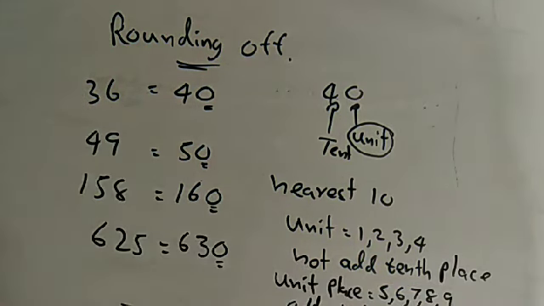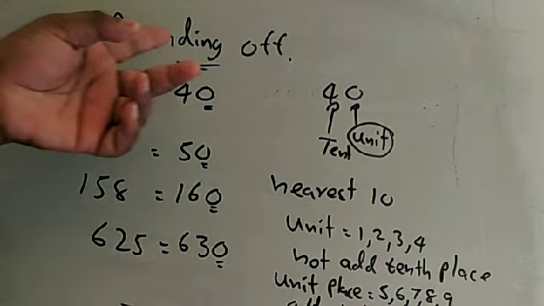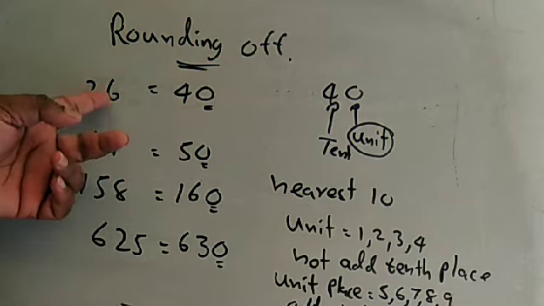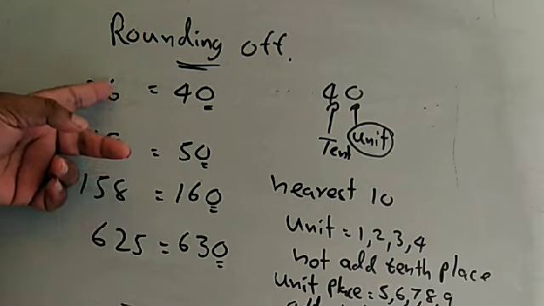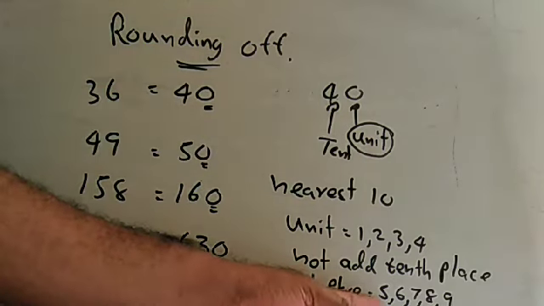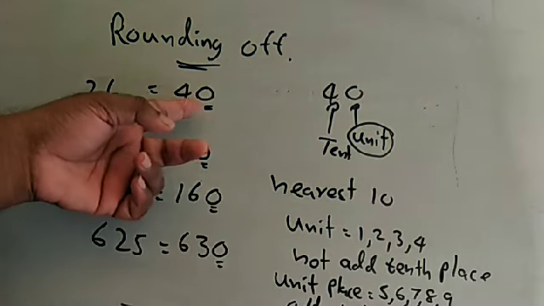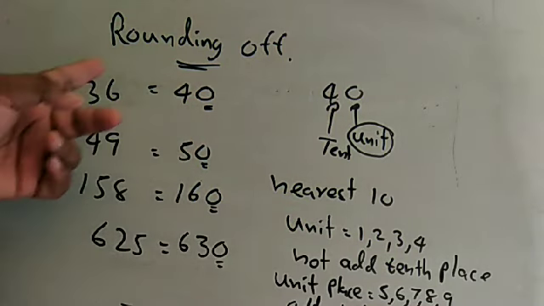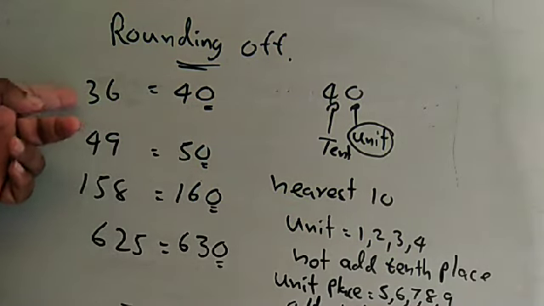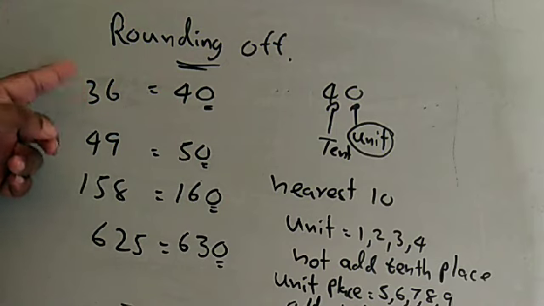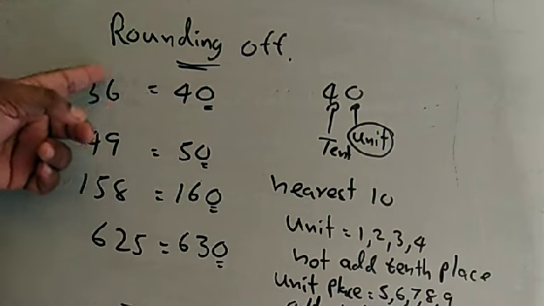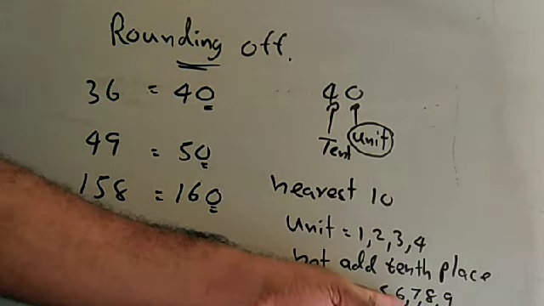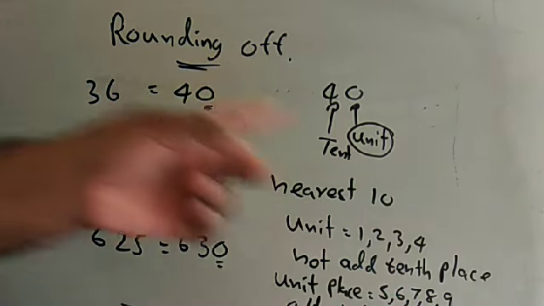Now look at this. The unit place is 6. When the unit place is 6, put the 0 and add 1 to the 10th place. 6 is above 5, so add 1 to the 10th place.